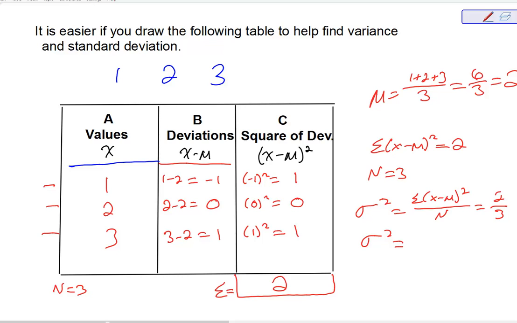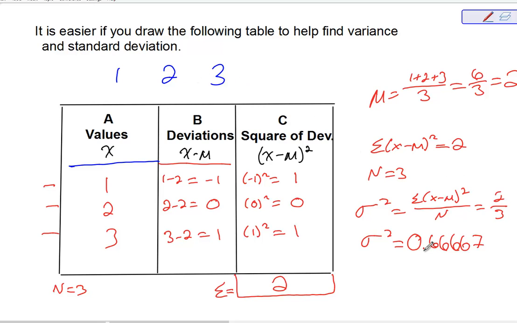Remember, since my values are whole numbers, if I put this in the calculator, this is what I get, but by rounding rules, my data points are whole numbers, so I want to round this to one place more than my data.